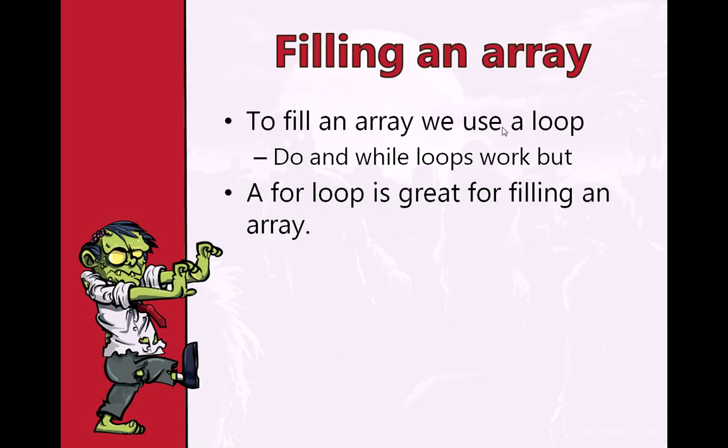It's beautiful for this task, and we're going to use it. That type of loop is called a for loop. Okay, F-O-R, loop. And the reason a for loop is so great is because you take care of the counter variable, the condition, and the increment or decrement of the counter variable all in one line of code. It's beautiful.